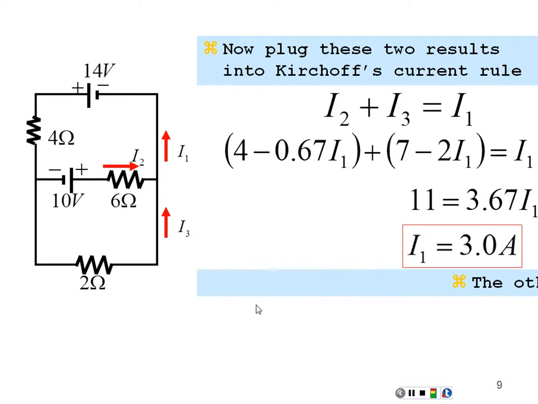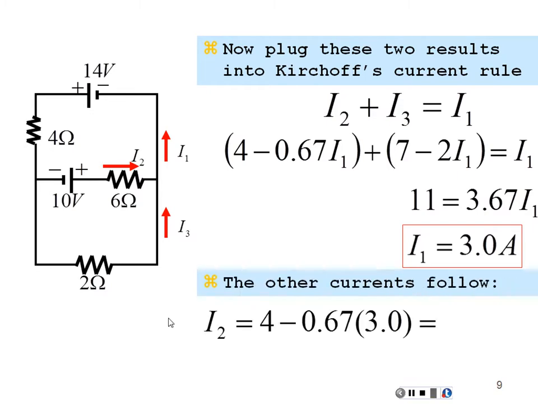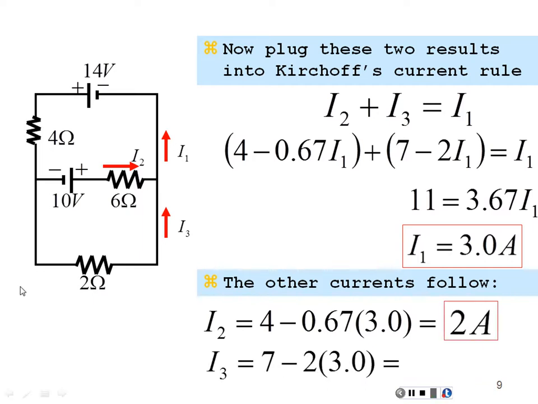My other currents follow. I2 is equal to 4 minus 0.67 times 3 amps, 2 amps. And I3 is equal to 7 minus 2 times 3 amps, 1 amp. And the fact that these all came out positive means I did assume the correct current directions.